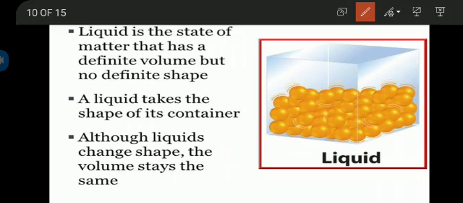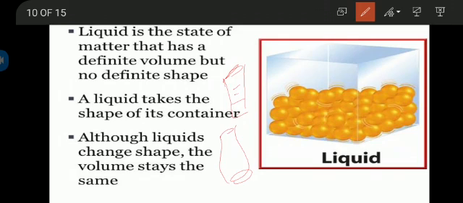For example, if you take a glass, then the water takes the shape of the glass. Okay, if you take a bottle, then the water takes the shape of the bottle.